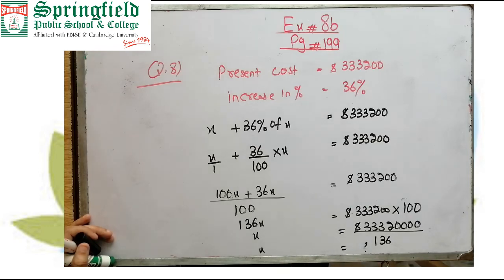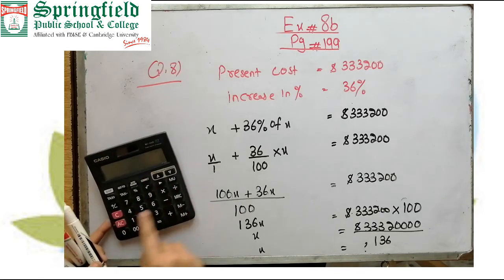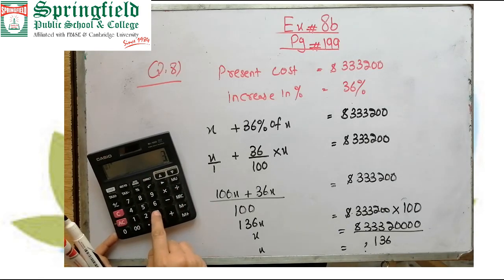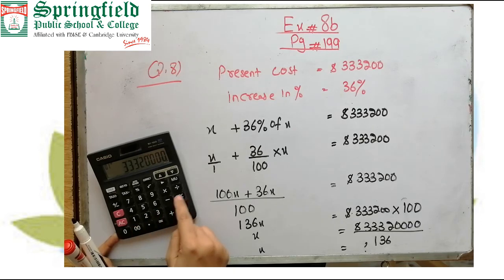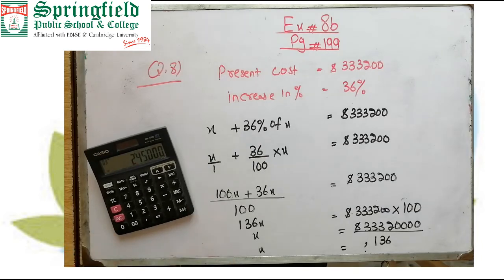Then what will be the value of x? 33320000 divided by 136 gives 245000.